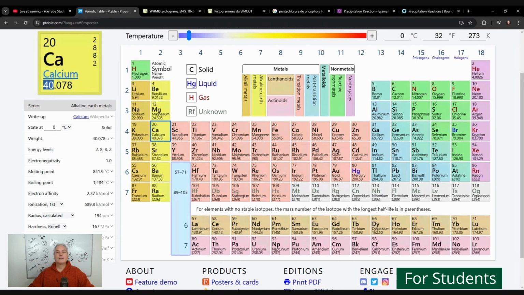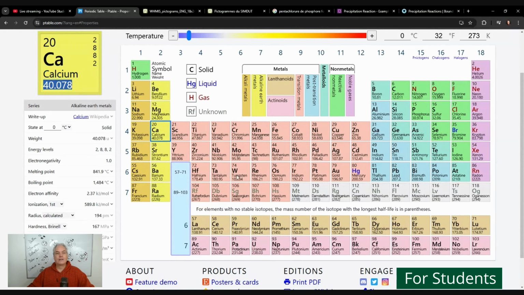The mass number is the number of protons and neutrons. So here, most of them are 40. That means that 40 minus 20, most atoms of calcium have 20 neutrons. There are some calcium atoms that have more than 20 neutrons, and that's why we have an atomic mass that is a bit higher than 40.